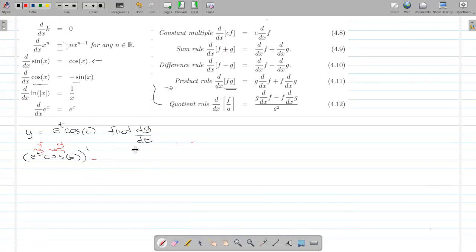Now the rule will give first function times second, no? Here, second function times the derivative of first plus first function times derivative of second. Okay.